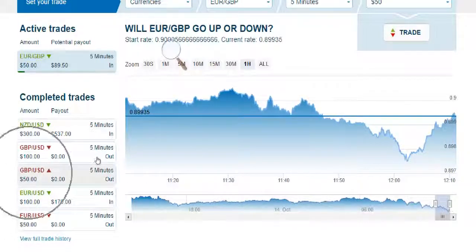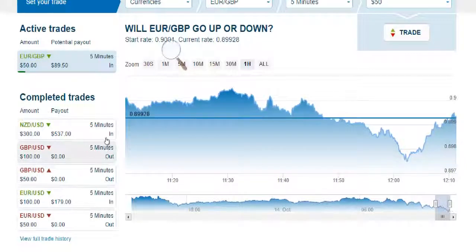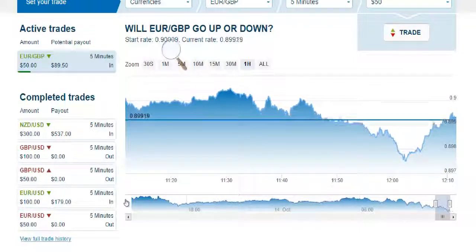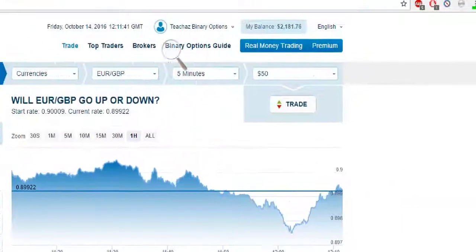I go back to 50, I lose again, I put 100 on the third one and I win. So in this case I'll be getting 100% profit, because once you lose the trade, you put a big amount on the next trade, get a small profit, and your loss you cover it back.